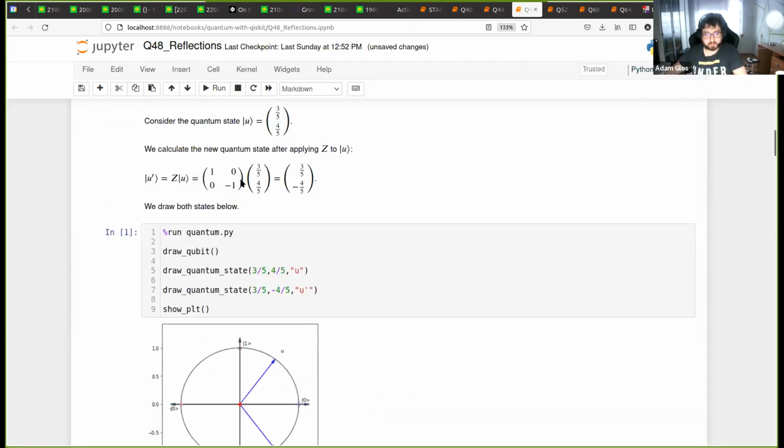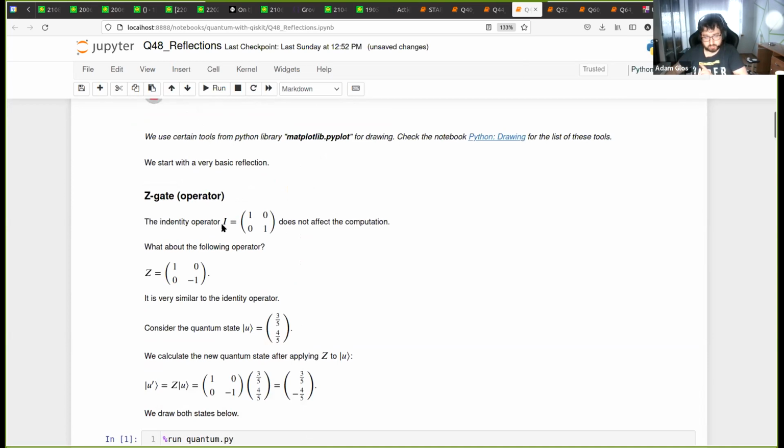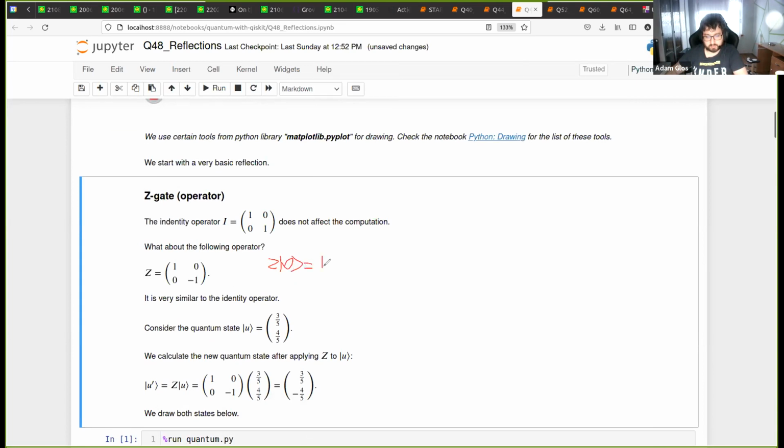There's a very important gate, you will use it later, the gate Z. Z is very similar to the identity, but it works as follows. Z applied on 0 will produce 0, nothing is changed.